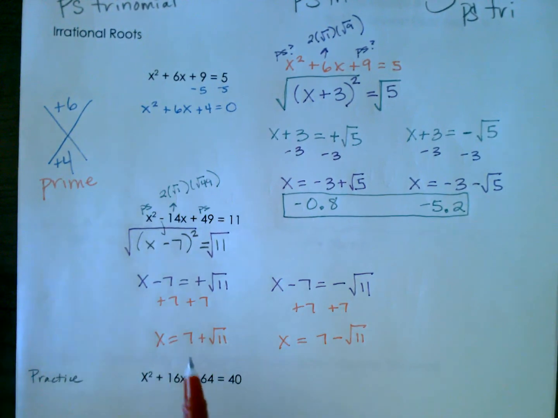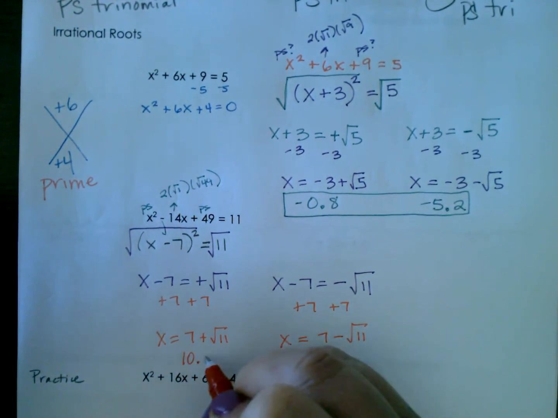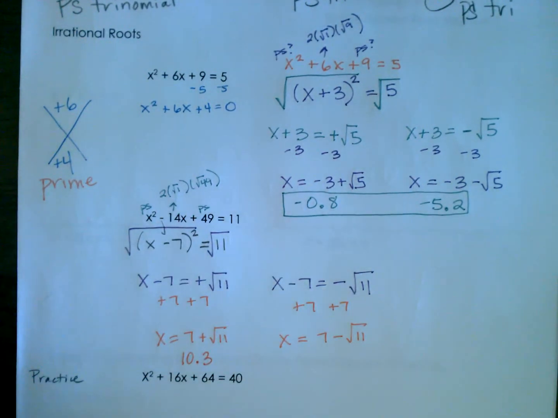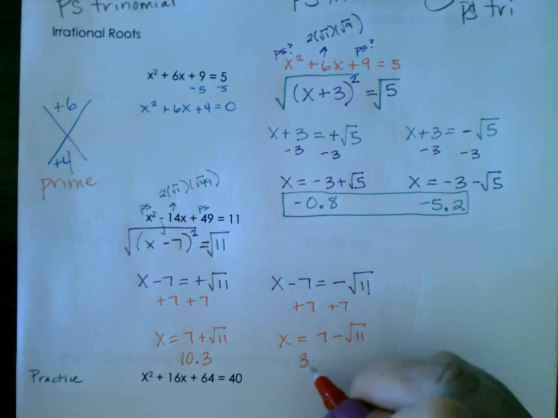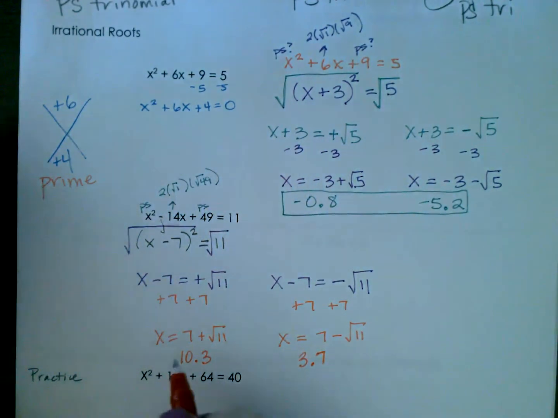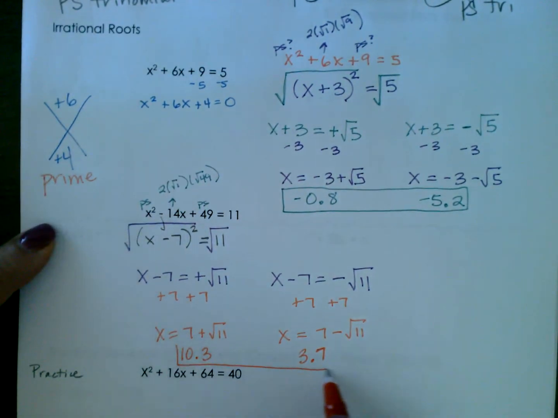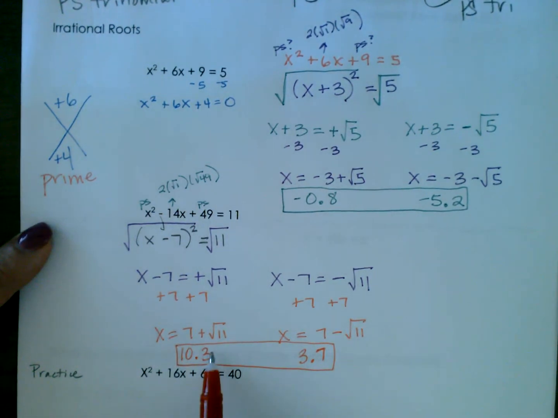So 7 plus the square root of 11, I get 10.3. Now I need to subtract 7 minus the square root of 11, and I get 3.7. Those are my roots, my x-intercepts. Now we can't say prime. Back in the day we would have, because they are decimal answers.